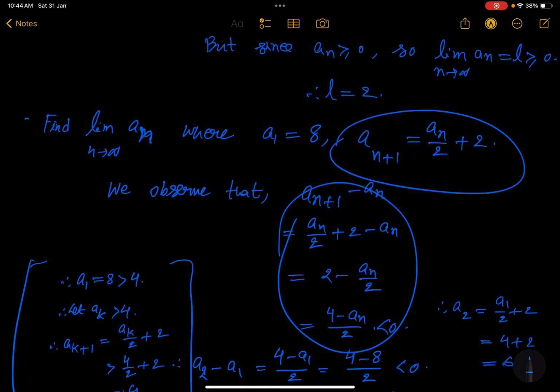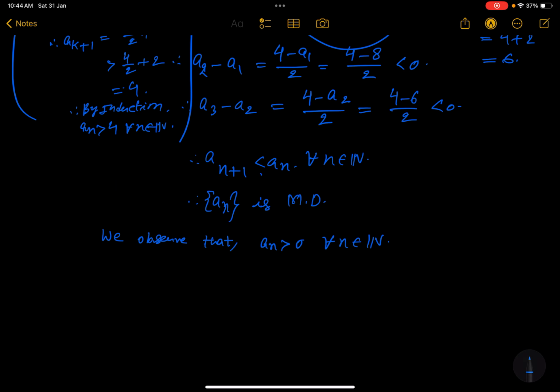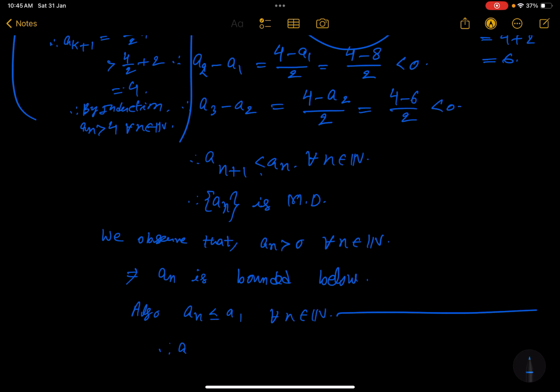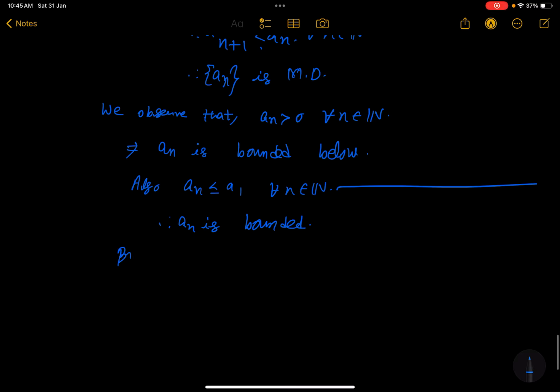Because a2 will be 1 by 2 plus 2, which is positive. Similarly, each a_n is positive, so this implies a_n is bounded below, and the sequence is monotonically decreasing, so a_n is bigger than 0, and each a_n is less than or equal to a1. Yes. So a_n is bounded, so it is bounded and monotonically decreasing.